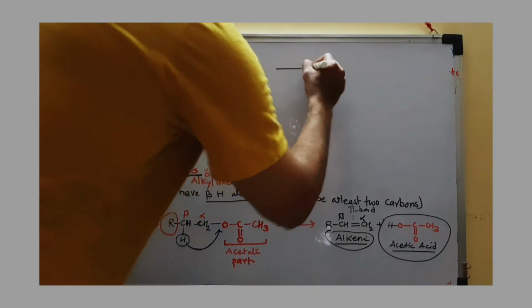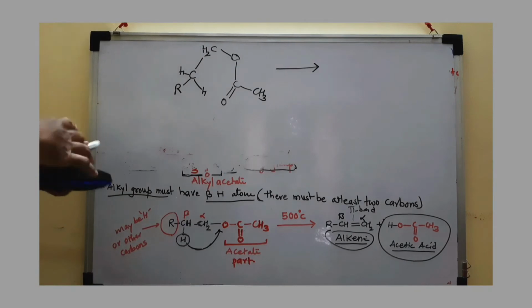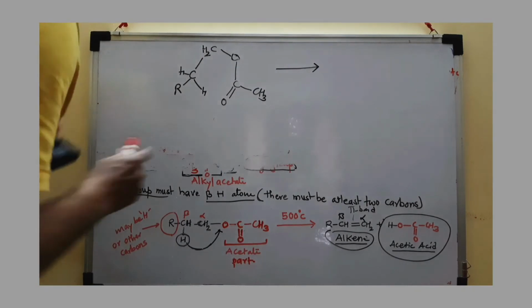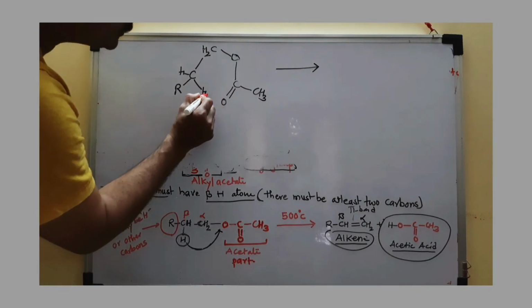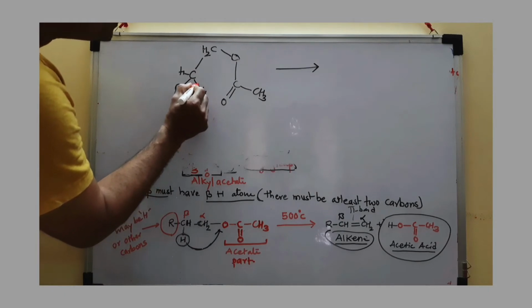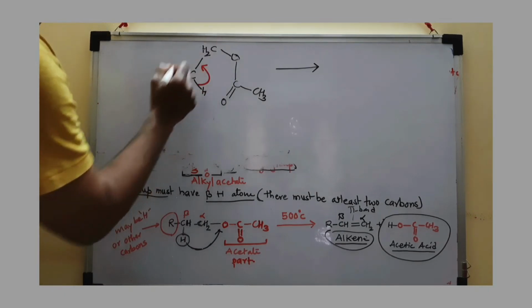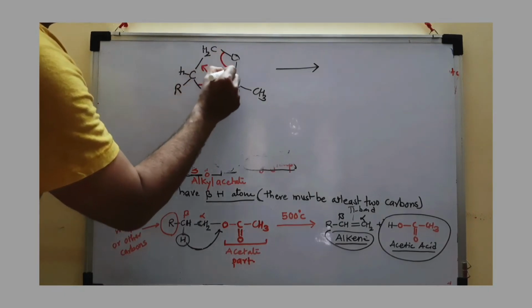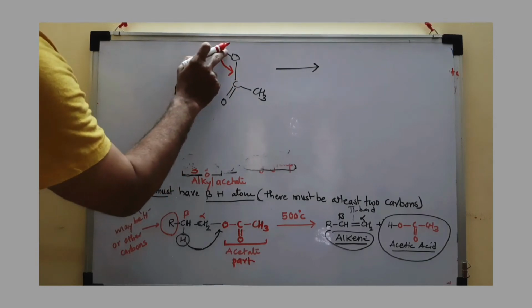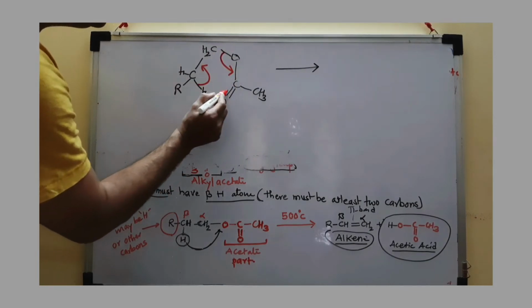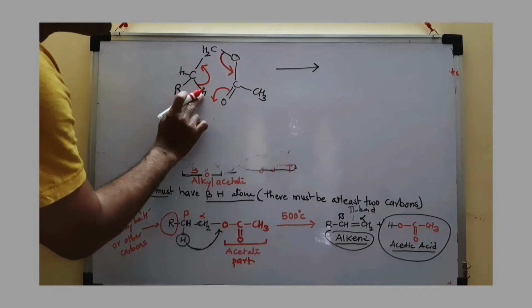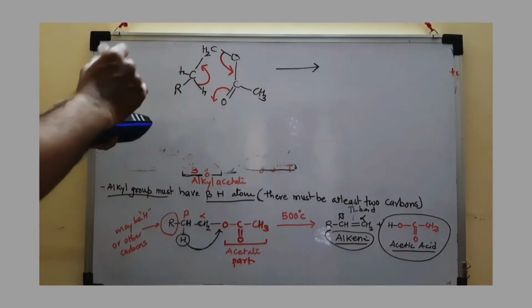Now what happened? You just see here. There is a bond formation between alpha and beta. This bond is moving here, in between alpha and beta. That means this bond is broken. And this bond is moving here, in between H and O. So this bond is formed.